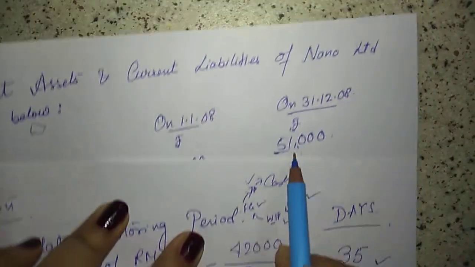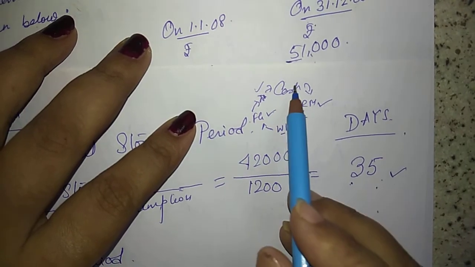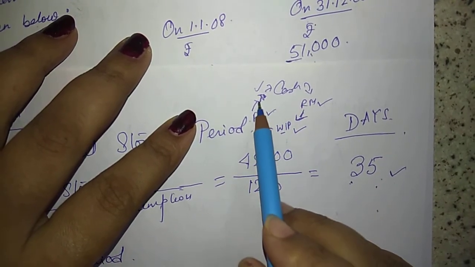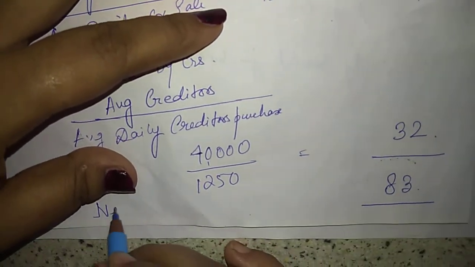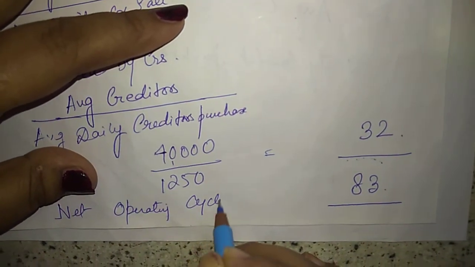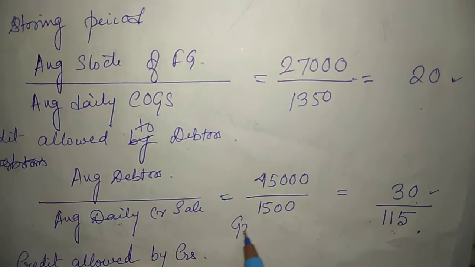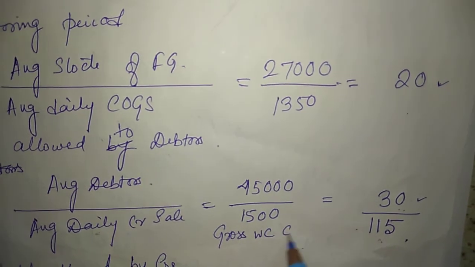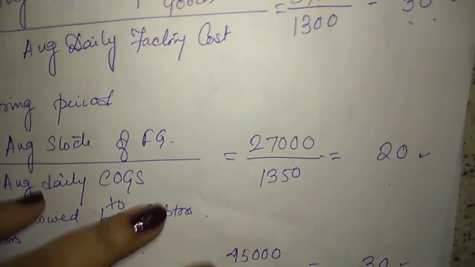This entire process means your cash is taking 83 days to get converted to cash again. So this is my net operating cycle period. Okay. And considering all the current assets together, it is 115 days. This is my gross working capital cycle period. Thank you.